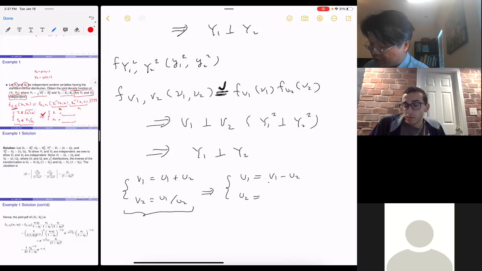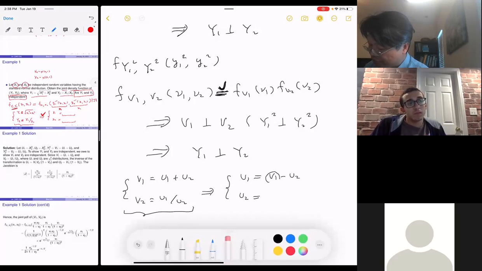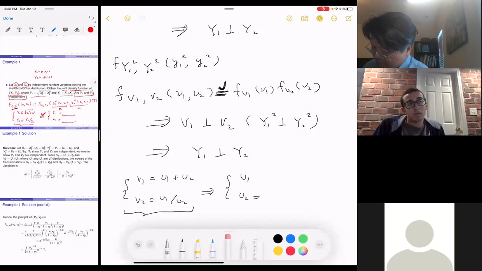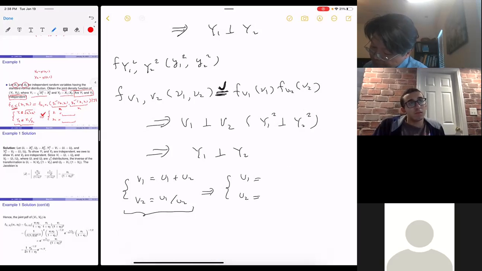Of course, I cannot write U2 on the right-hand side because I said the right-hand side should be V1, V2. Sorry.